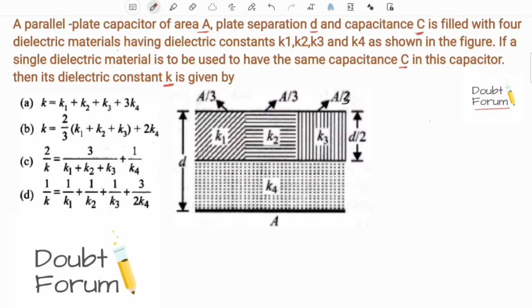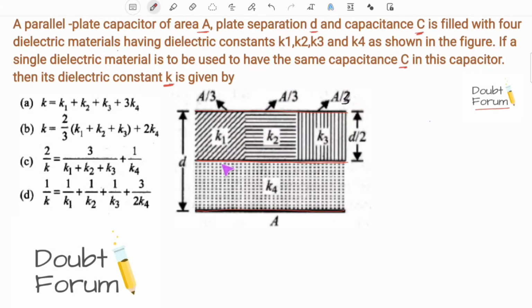So what we will do, we will break this arrangement of capacitor into two parts. This is the first plate of the capacitor. Now this is the second plate. Along the plate, this is the separation between the materials. So we will consider this as plate 1, this as plate 2 and this as plate 3.